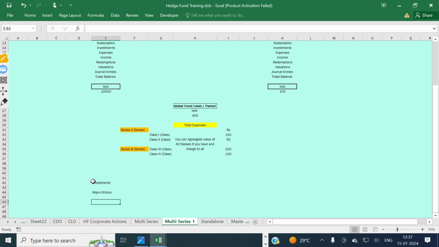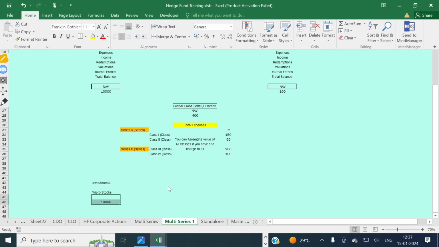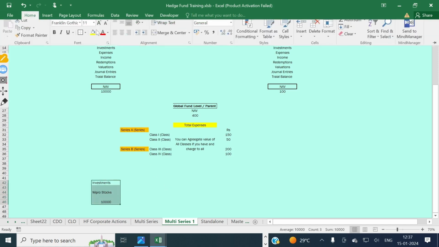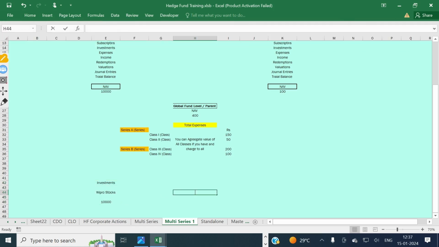You have investment in Wipro stocks around this amount, and here you have investment in Infosys.